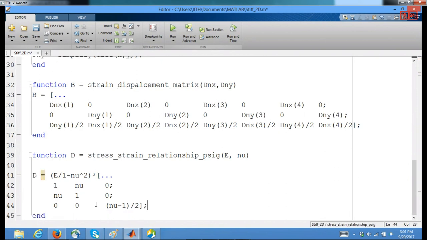So this is our stress strain relationship, the D matrix.